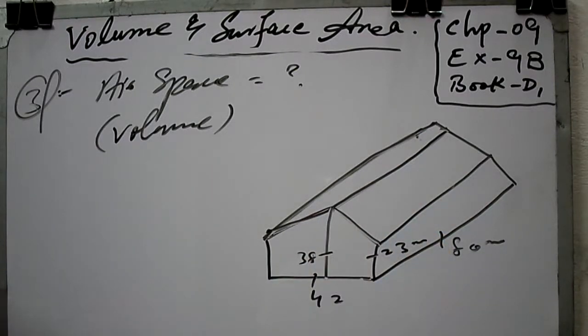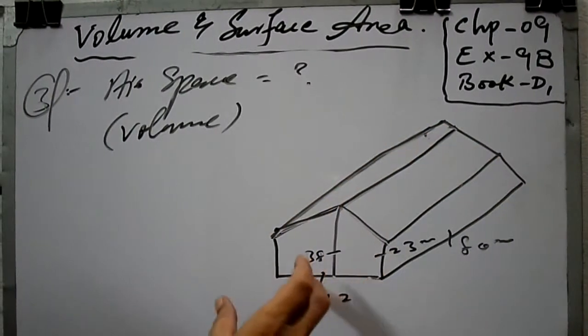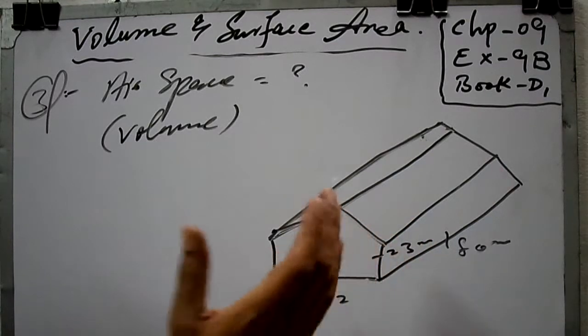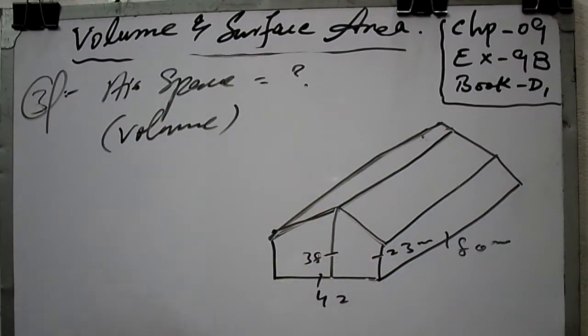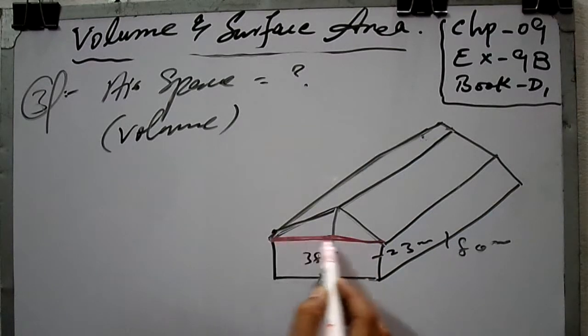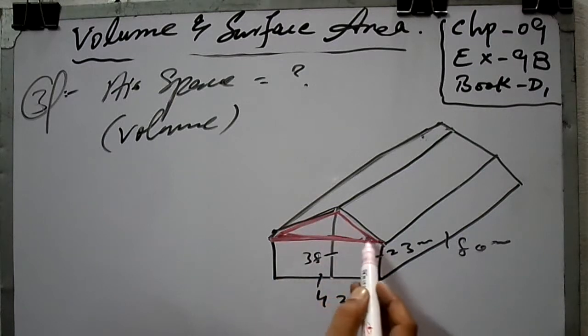Now, if we divide this, because we don't have any formula through which we can calculate, because it's not like a trapezium, not like a rectangle, so we can cut it into two types of shapes. For example, if I draw this, you can see here this portion is your triangle, and the remaining is your rectangle.